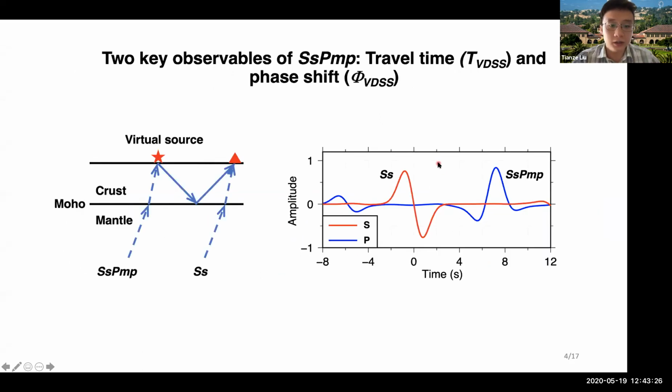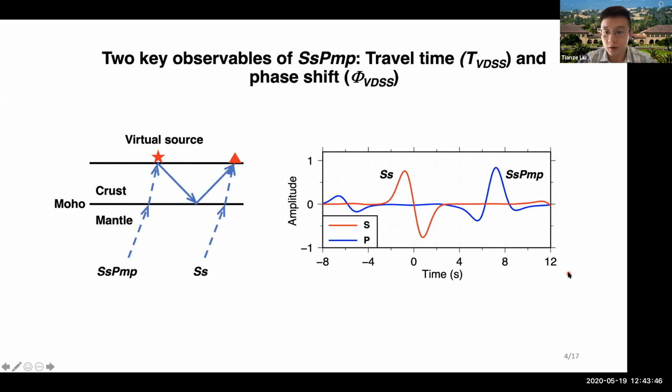Okay, so let's take a closer look at the kind of waves that can be generated in this setting. On the left-hand side are our ray path diagrams, and on the right-hand side are synthetic seismograms generated by this simple crust over mantle model.